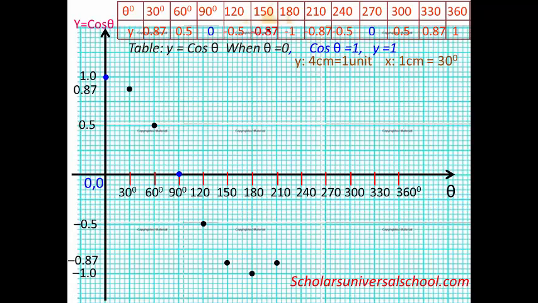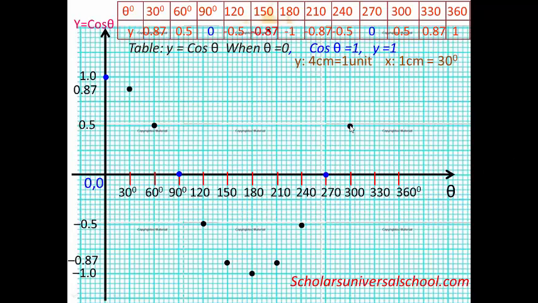And for 240, we have this. For 270, it will be 0, which is here. For 300, we're going to have 0.5 again, because for 300 the acute form is 60 degrees, and cos 60 degrees is 0.5.